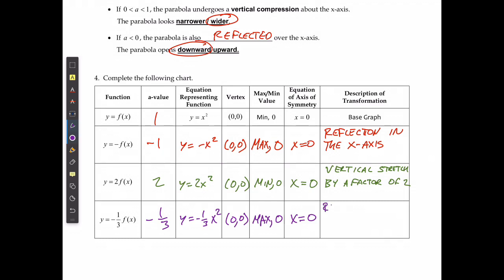The first one is a reflection in the x-axis, and the second transformation is a vertical stretch by a factor of 1/3. I don't need to say negative 1/3 because I took care of that when I stated that there was a reflection.